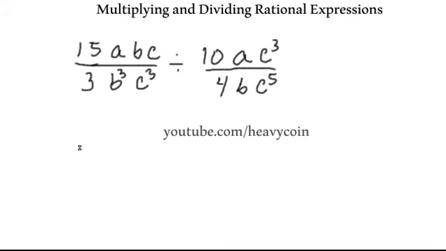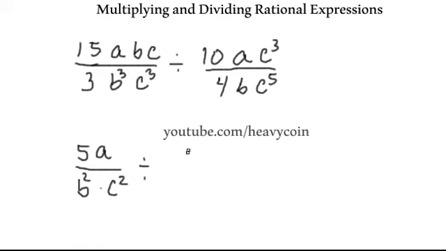So 3 goes into 15 5 times. We'll rewrite the a because we don't have any other a's in the denominator. B, we got 1b in the denominator, we got 3 in the top, so we're going to cancel this one out, and also the c. Okay, and so we canceled 1 out of the top, we need to cancel 1 out of the bottom. That's going to leave us with 2 b's and 2 c's divided by, do the same thing here.